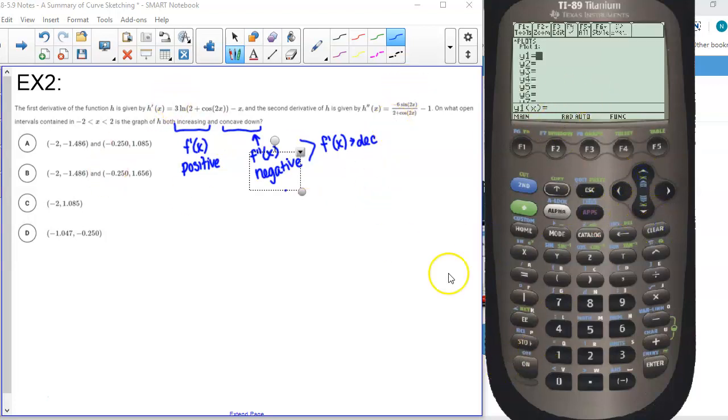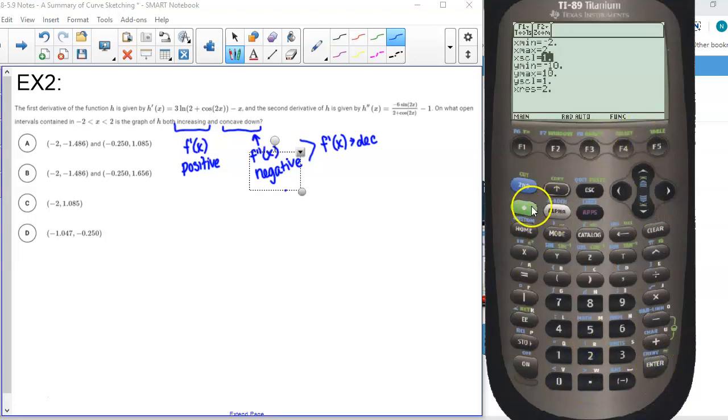we are going to have 3 natural log of 2 plus cosine 2x minus x. Okay, I think that looks right. And so we're only looking from negative 2 to 2, so I'm going to go to my window first and make this go from negative 2 to 2.